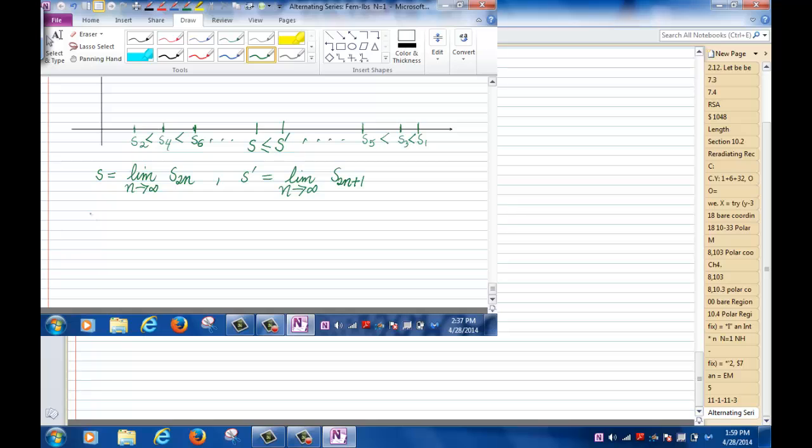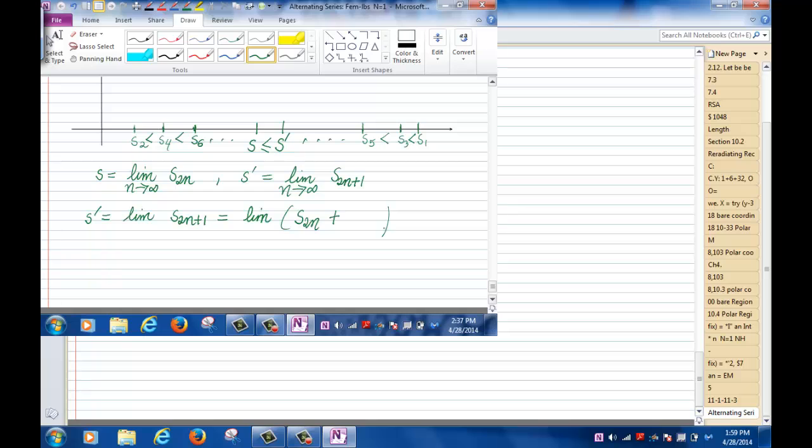Well, let's see. S prime is the limit of S_2n+1. I'm not going to write the infinity anymore. And what can I say about S_2n+1? Can I say that S_2n+1 is the same as S_2n plus what?